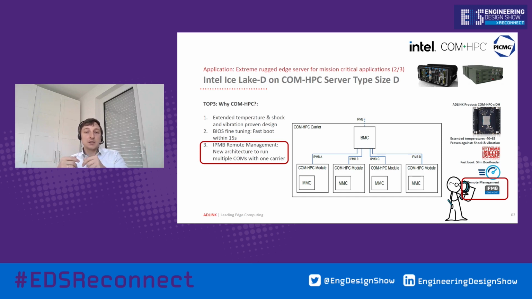Some of our clients put multiple COM-Express modules on the carrier, and then they were forced to add an additional computing module for just doing the housekeeping stuff, which is now covered by the standardized BMC approach. So this headache is gone. This is the new architecture: you have one board management controller in the carrier, no matter how many COM-HPC modules you have on your carrier board.